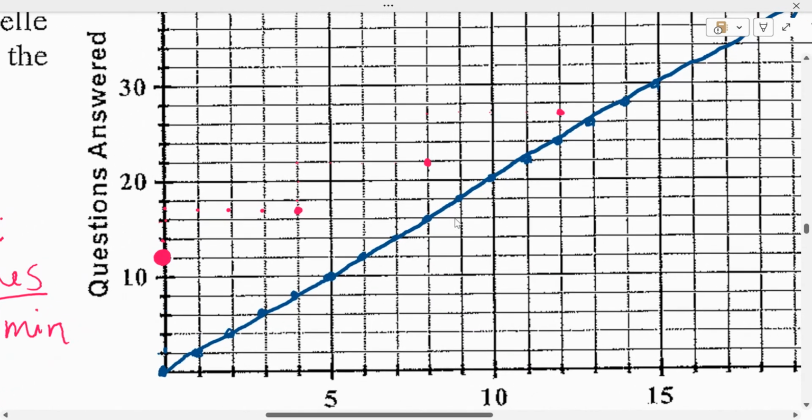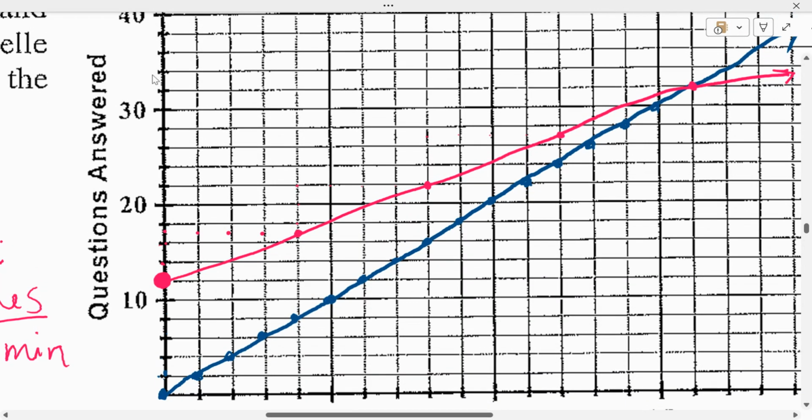Up 1, 3, 5, over 1, 2, 3, 4. That's not a perfectly straight line, but that's the best I can do on this.